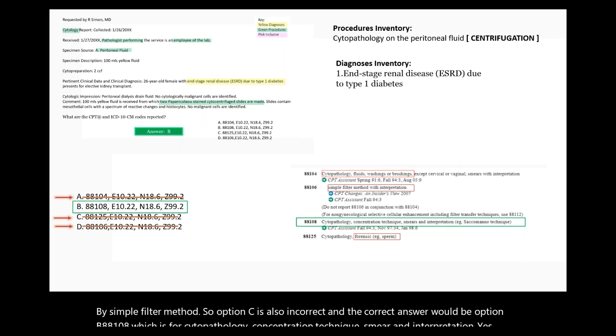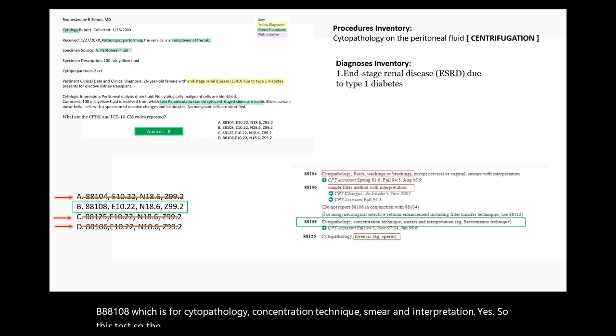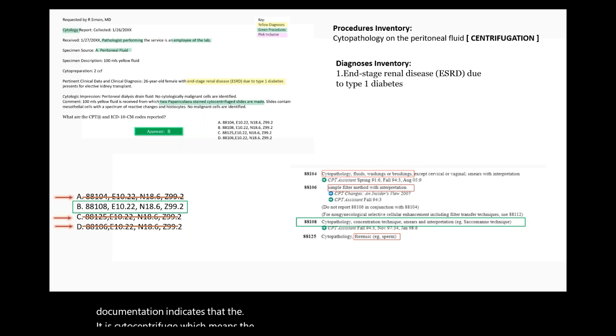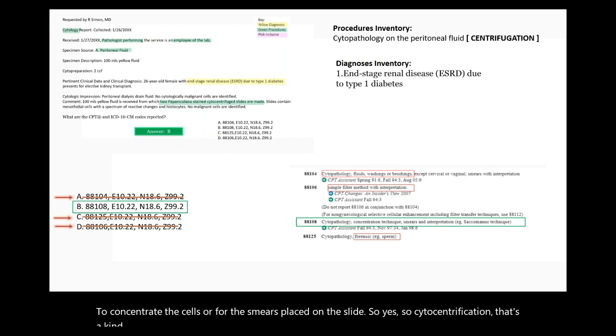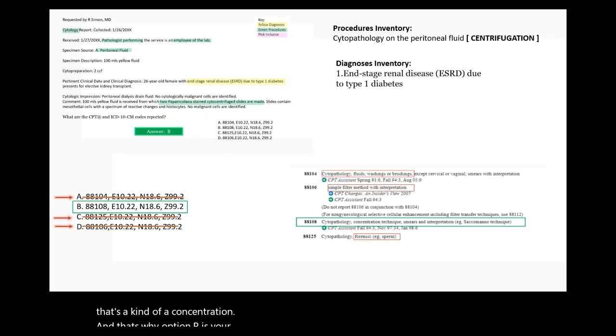So the test performed here is cytopathology on the peritoneal fluid, and the documentation indicates that it is cytocentrifuged, which means the fluid was removed to concentrate the cells for the smears placed on the slide. So yes, cytocentrifugation is a kind of concentration, and that's why option B is your answer.